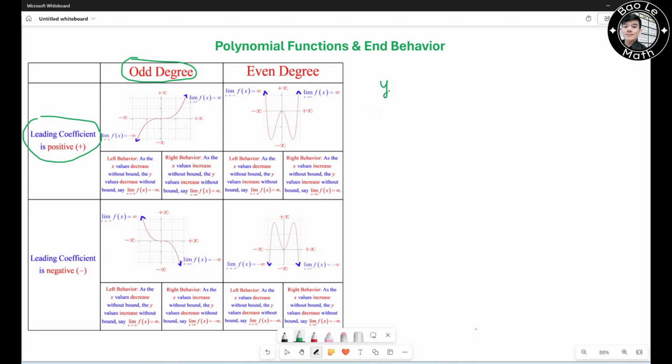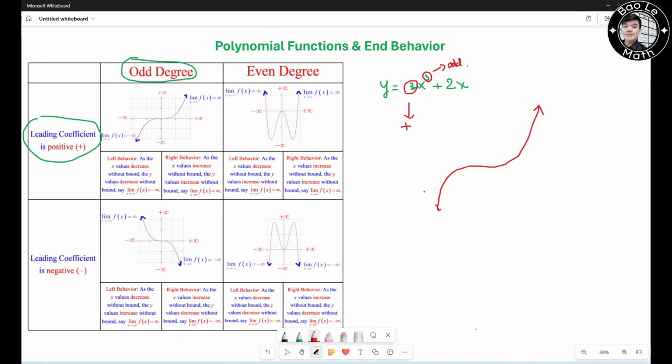For example, y equals 3s cubed plus 2s. You look at the leading coefficient right here. This is 3, which is positive, right? And the highest degree right here is 3, which is odd. If you see a function like this, the end behavior looks like this.